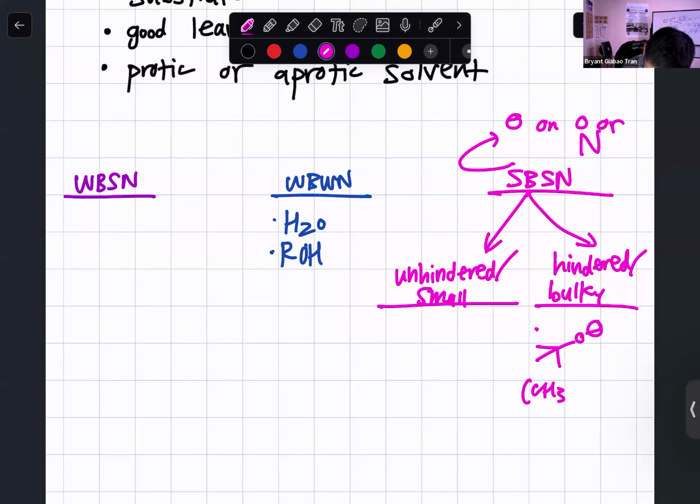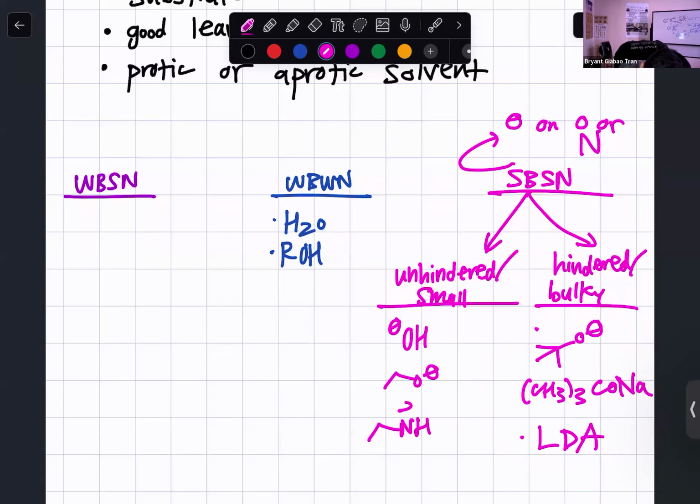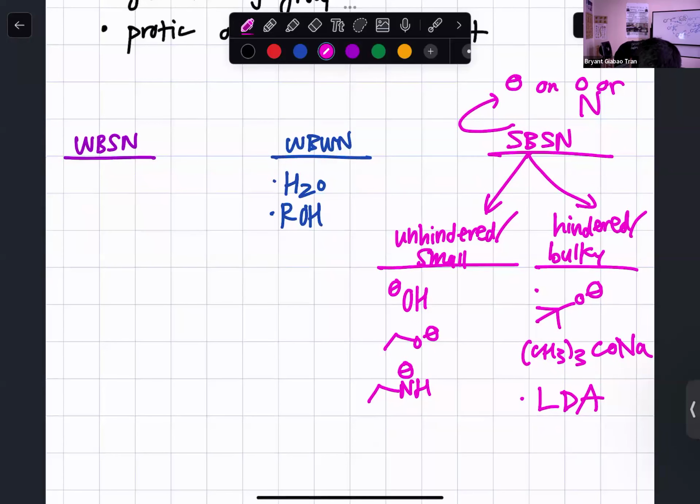You might see it in the condensed formula like this with CONa or COK, and LDA. Those are the two bulky groups that you need to know. And the unhindered bases are everything else, like hydroxide ion, ethoxide, that nitrogen with a negative charge. It could be any RO minus, right?